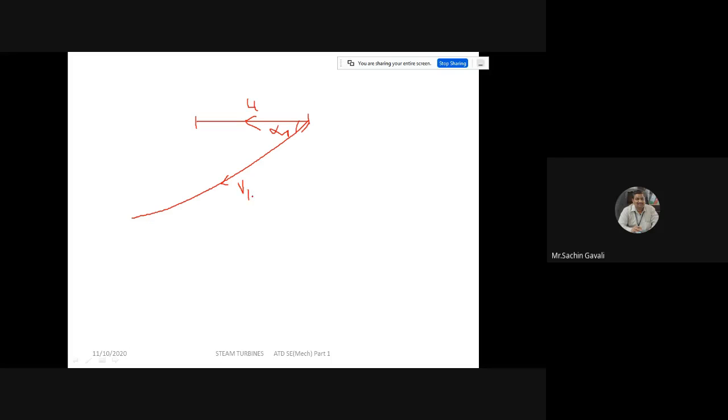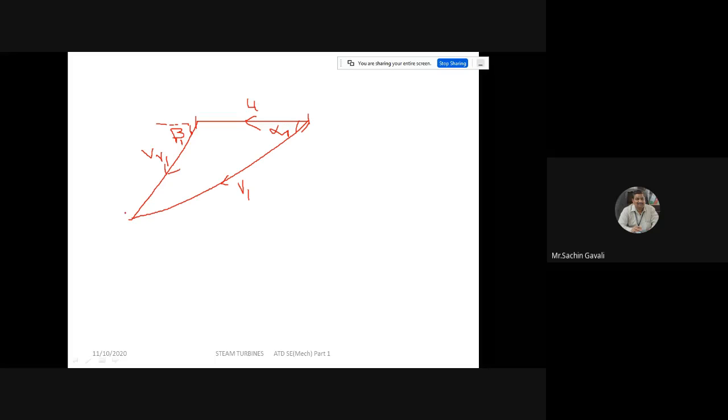Now between u and v1 there is a relative difference. If you join u and v1 with a straight line, this component we call VR1, the relative velocity component at inlet. It makes some angle with the horizontal, and that angle is called beta 1, the blade angle at inlet. Now this V1 has two components.